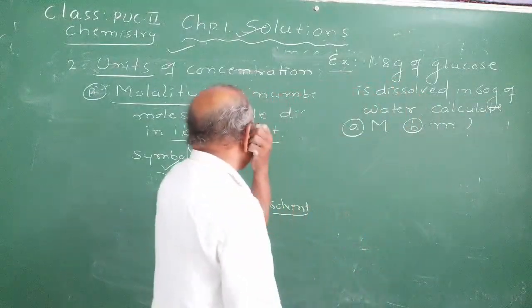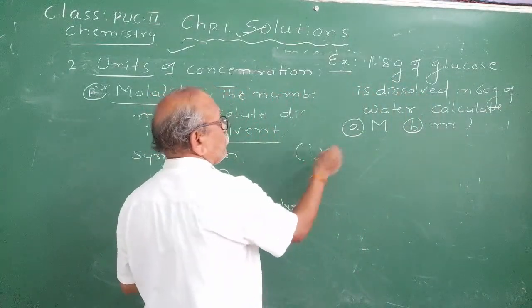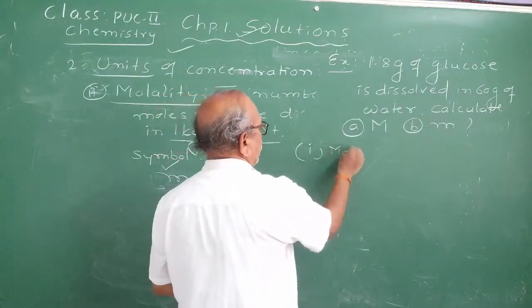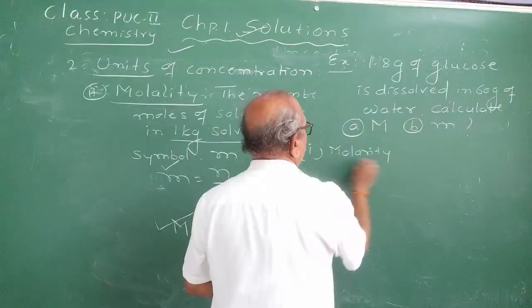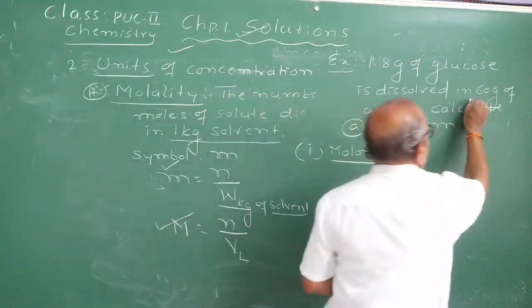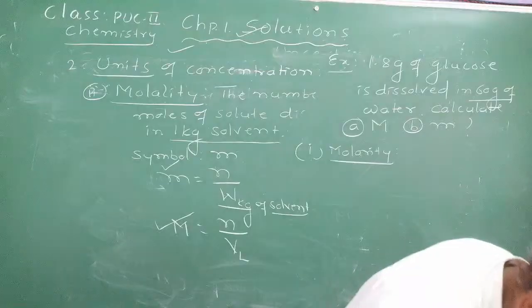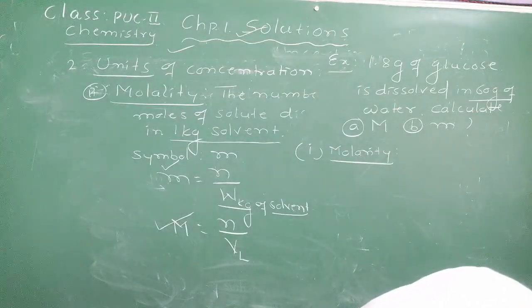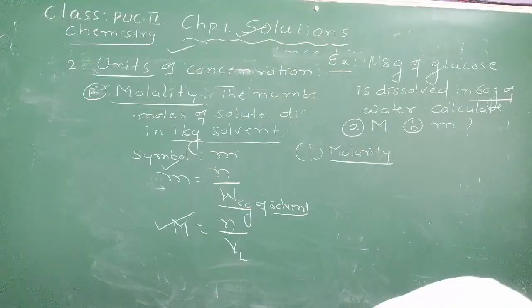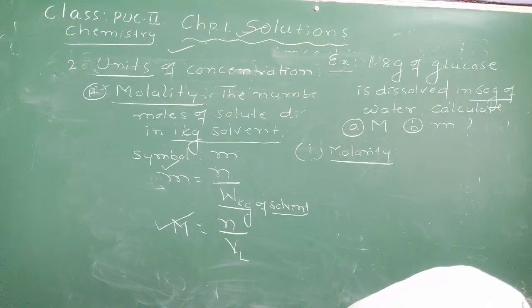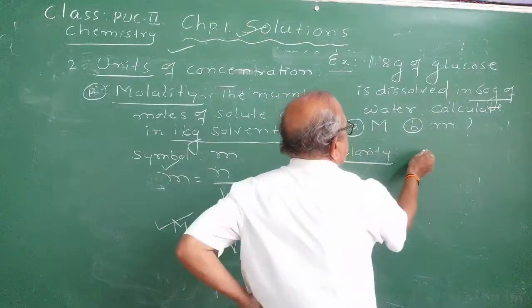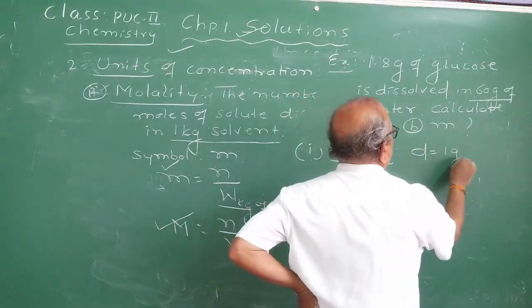First of all, let us calculate molarity. To calculate molarity, what do you need? Volume. But this time what have they given? 60 grams of water. Generally the density of water is 1 gram per cc.